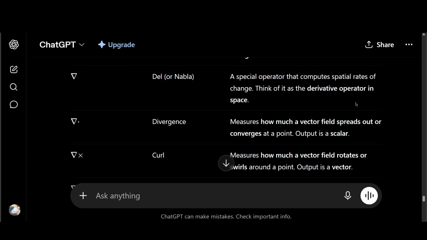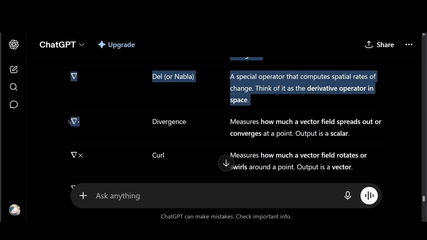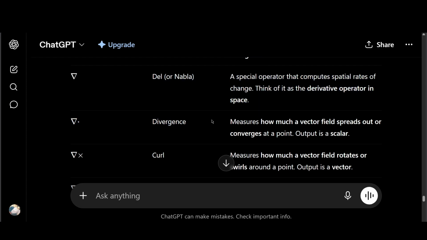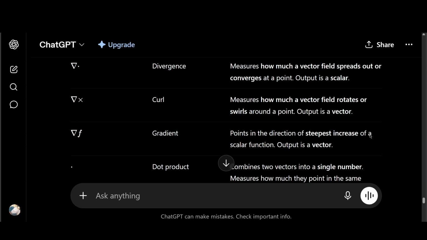So basically it's like you're using derivatives on space, like literal space, or anything that involves a rate of change in movement.